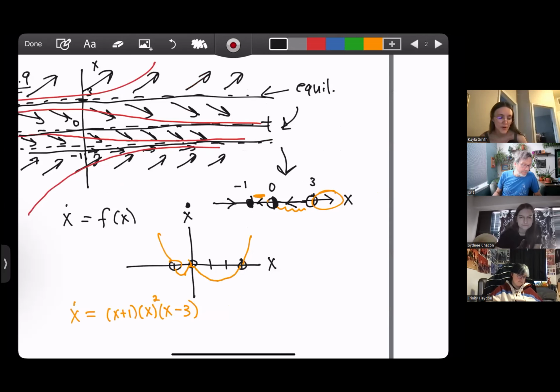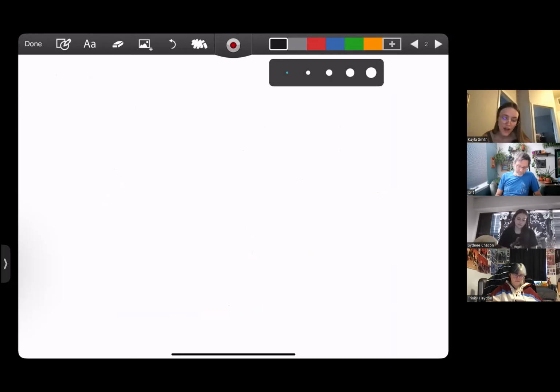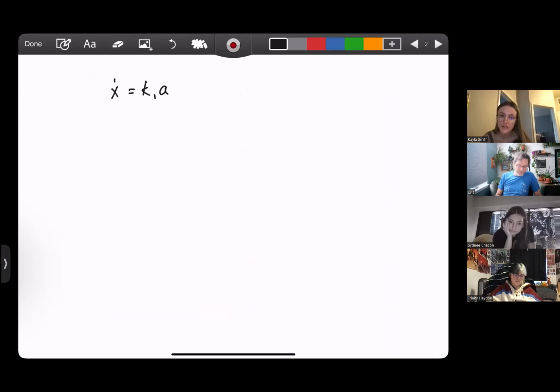Yes, ma'am. So I pulled an x out, so I factored an x out of f of x, just so that you have an easy fixed point. Good. So then your other x star should be k1a over k minus 1. That sounds right. Let's check that out together.